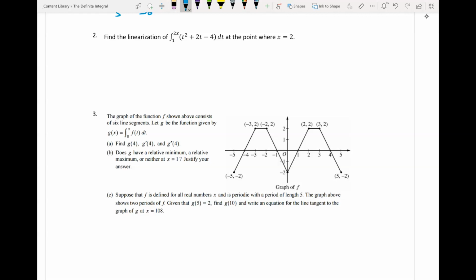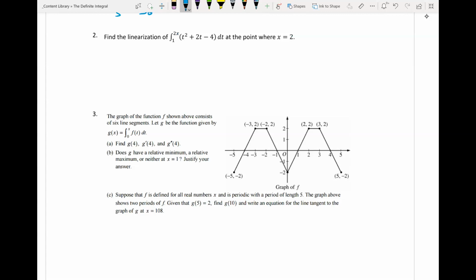For question 2, we want to find the linearization of our integral at the point where x is equal to 2. I do need to find that y value because we have the x value, so I'm going to have to plug this 2 into our x here and then solve for this integral.